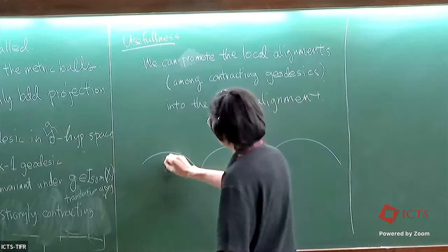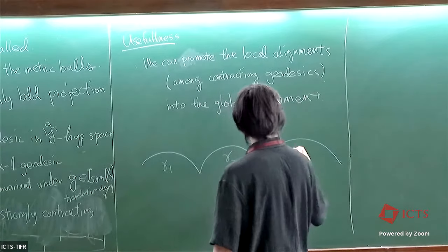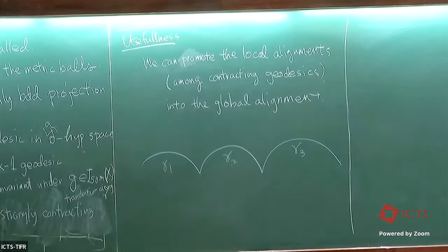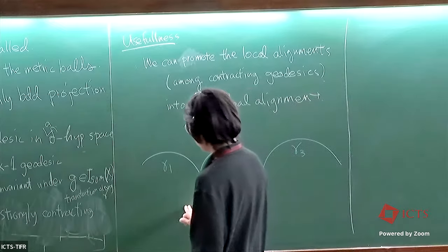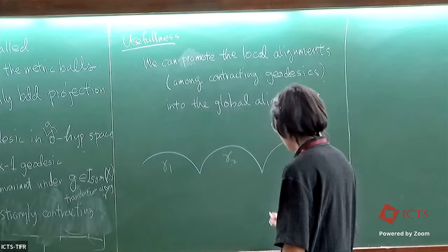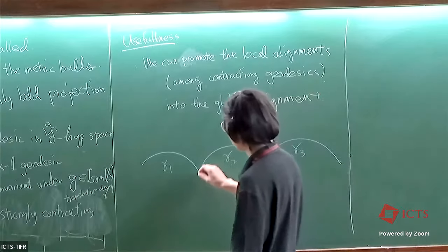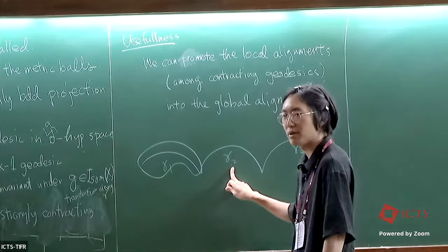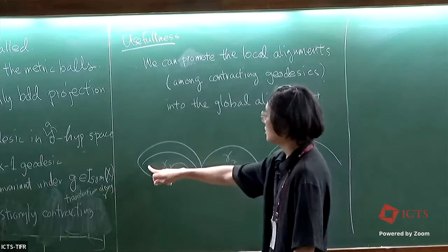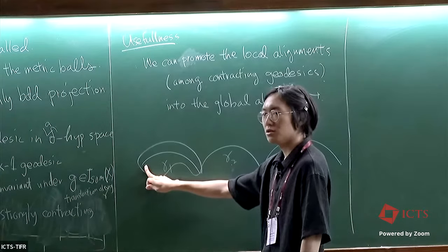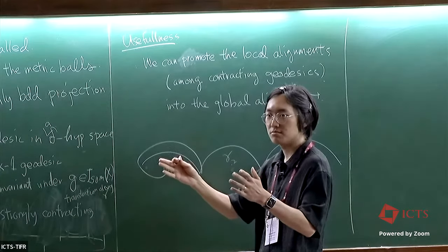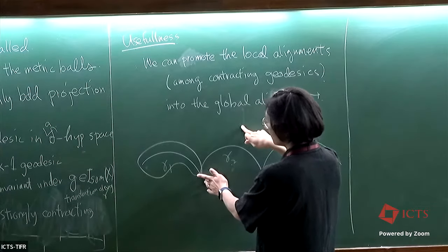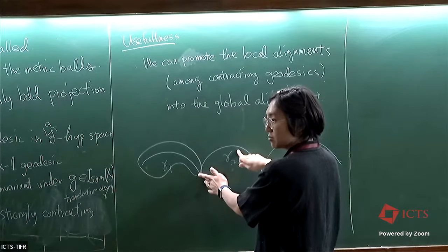So here are 3 strongly contracting geodesics. And I assume that gamma 1 is not canceling out the direction that's made by gamma 2. How can I say this? You project gamma 1 onto gamma 2, taking the nearest point projection. If gamma 1 was along here, then this point would project down to some middle point of gamma 2.